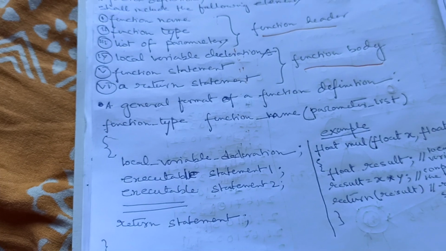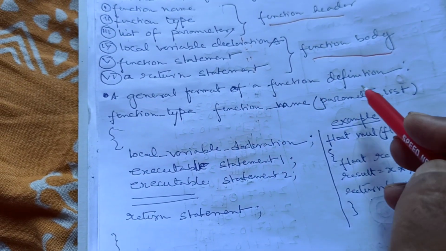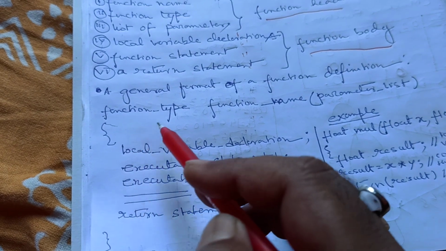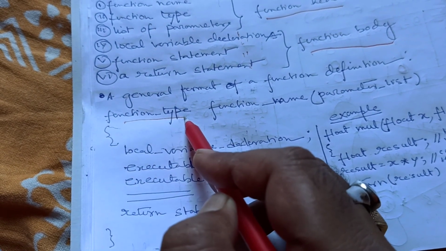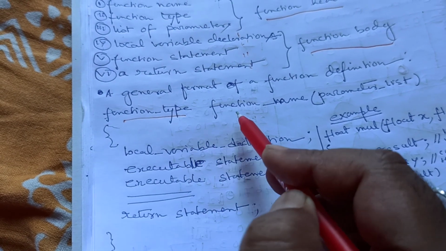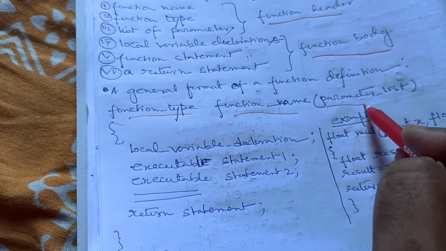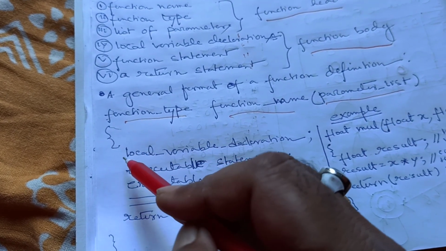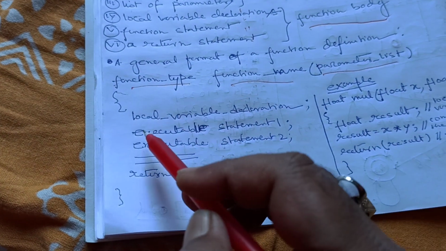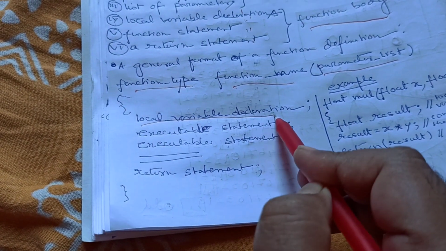Now this is a general format of a function definition, you can easily understand from this. First part is known as function type, then give a space, then a function name, then inside the brackets the parameter list. Now brace open, inside this first one is local variable declaration.